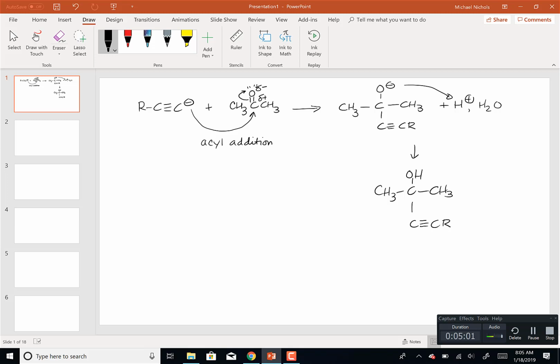And then for your transition states, when you're writing transition states, remember that when you're forming a bond, there's a dotted line, and when you're breaking a bond, there's a dotted line. So for instance, for the first step, since we're breaking the carbon-oxygen pi bond, we'd have a dotted line there, and then we would have a dotted line to the alkynyl anion.